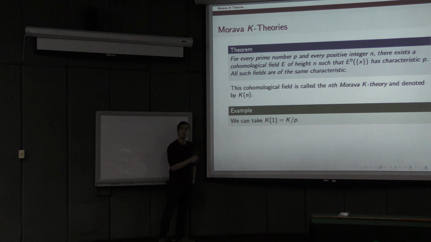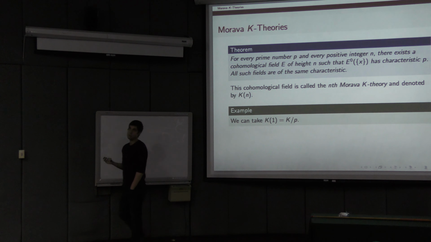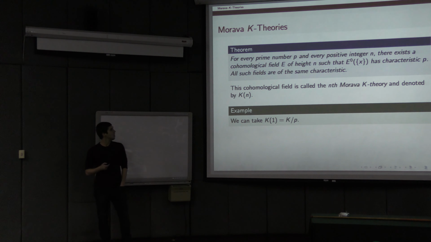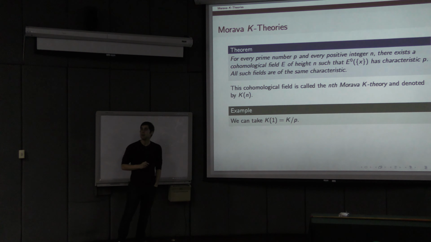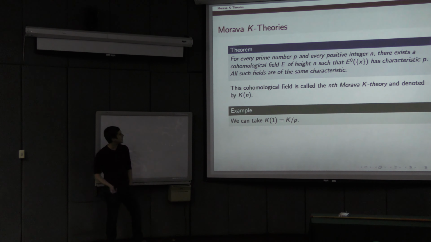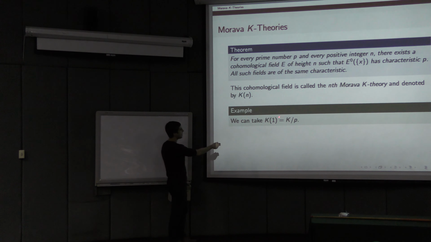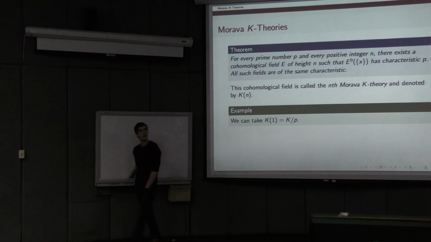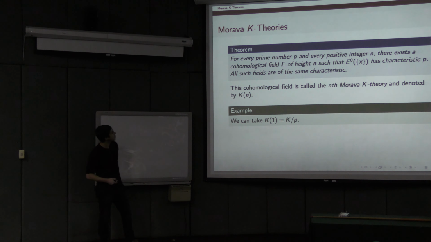If you take complex K theory mod p, we observe that that's a cohomological field. We observed that the K mod p cohomology of BZ mod p was a module of rank p over the K mod p cohomology of a point. So this is the first Morava K theory, and that is the motivation for the terminology.